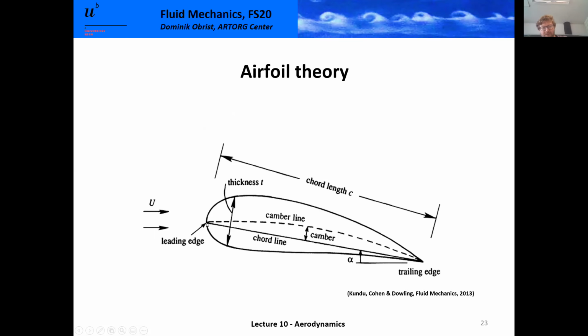And the connection between the leading edge and the trailing edge is the so-called chord line. And the angle between the chord line and the direction of the oncoming flow, the direction of the u velocities here, this angle in between is called the angle of attack, or the angle of incidence in other applications. So in German, it's the Anstellwinkel.